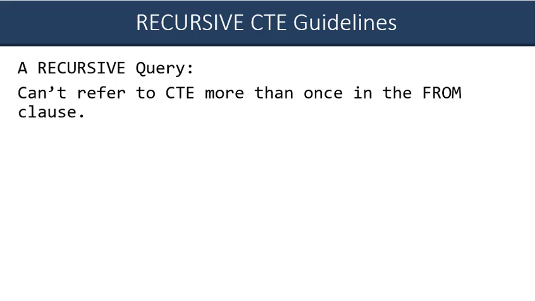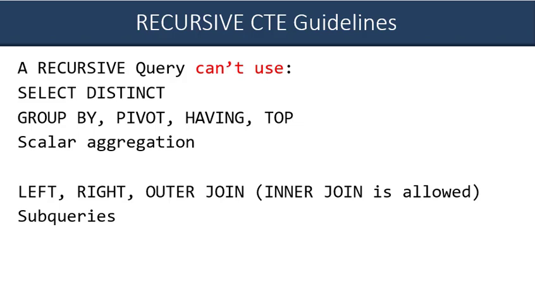A recursive query cannot refer to the CTE more than once in the from clause. In a recursive query, you cannot use select distinct, group by, pivot, having, and top clauses. Similarly, scalar aggregates are not allowed. Subqueries are not allowed. You can only use the inner join. So left, right, or outer joins are not allowed.